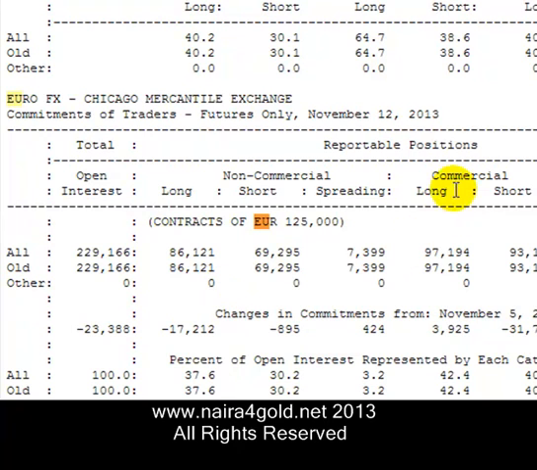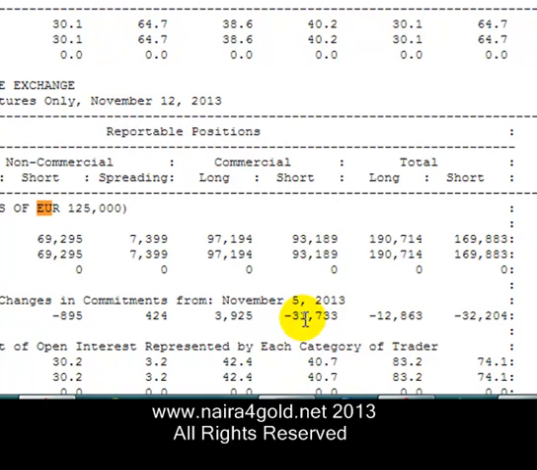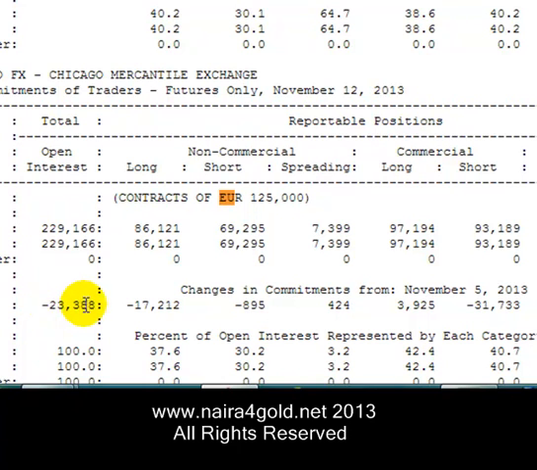But on the commercial side, we have a very wide negative value of 31,733 against long of 3,925. Overall, we still have more negative bearish and less negative bullish, and the open interest is negative, which is still pointing to a bearish bias based on the COT reports.